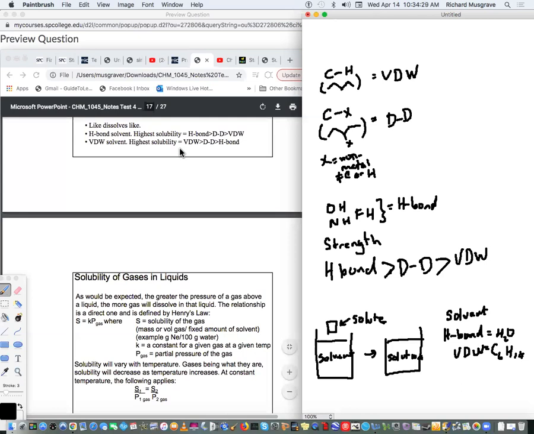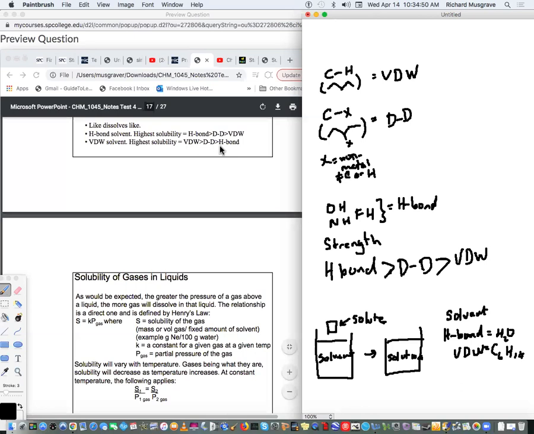So what that means is you need a mix of oil and gasoline, and that is actually a soluble mixture because they're both van der Waals. If oil is the solute and gasoline is the solvent here, van der Waals is going to be the most soluble thing in a van der Waals solvent.